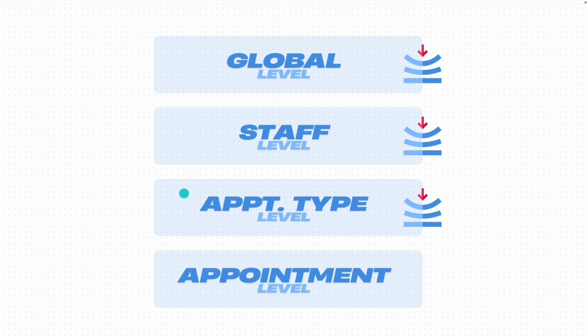Additionally, if Charlie has 3 or 4 different appointment types that he's a part of, he can change a single appointment type to have a different structure without affecting the others. So these can be changed on an individual basis without affecting other appointment types or affecting Charlie's defaults. And it would follow that the staff, Charlie, can change his individual settings without affecting the global settings, and each staff can change their own individual settings.